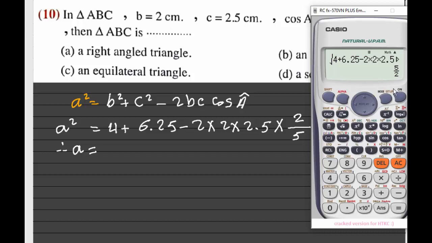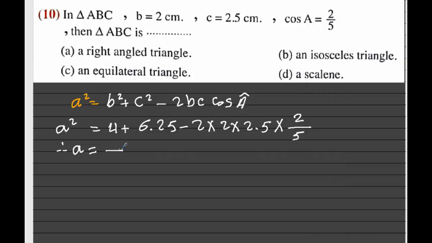The result equals 5 over 2. So A equals 5 over 2, which equals 2.5. But we have the length of C equals 2.5. So A equals C, each equals 2.5. So the triangle is isosceles, and we choose letter B.